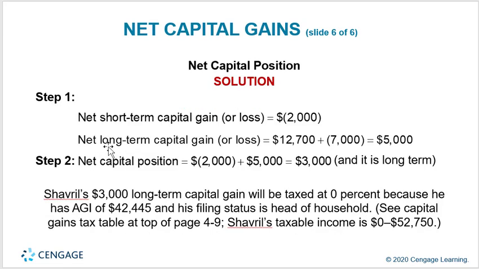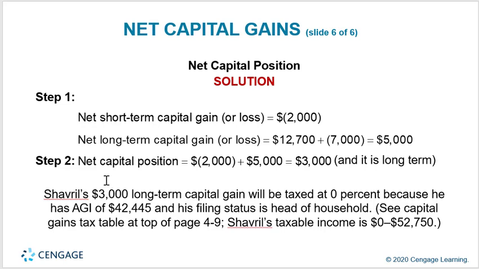And so step 1, the net short-term capital gain or loss was a loss of $2,000. The net long-term capital gain or loss is $12,000 less the $7,000 loss, which is going to give you $5,000.